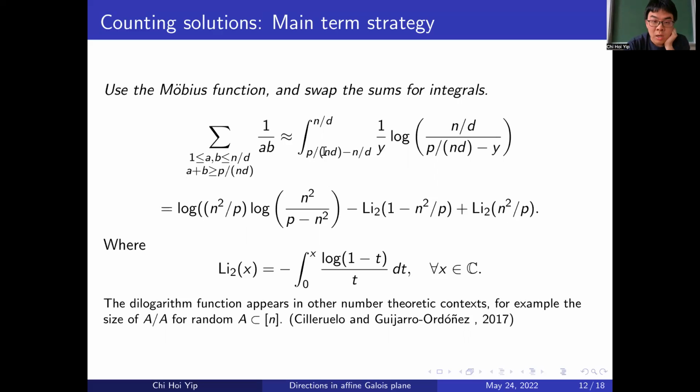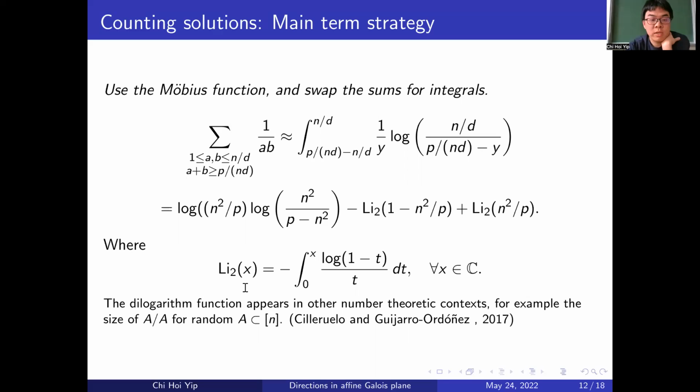We use the Mobius trick and we convert the sum into an integral. When we are computing the integral, the special function called the dilogarithm function comes into play. The dilogarithm function is defined to be the integral of log(1 minus t) over t times dt.